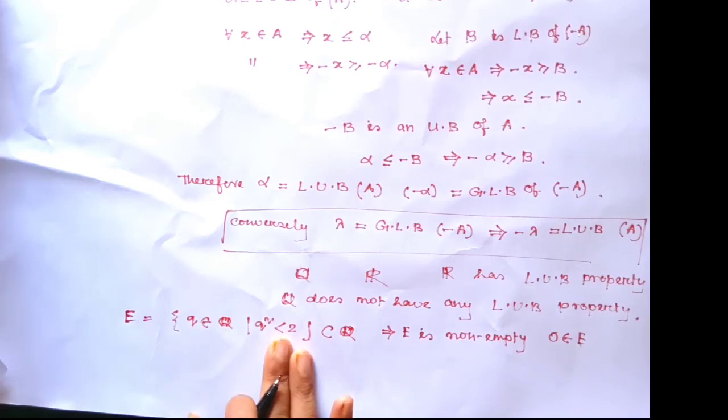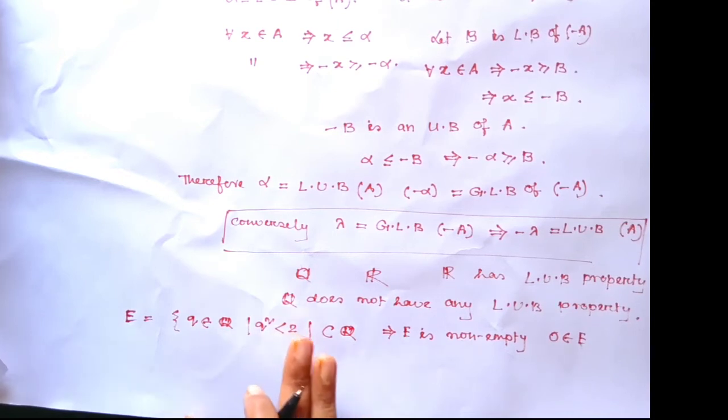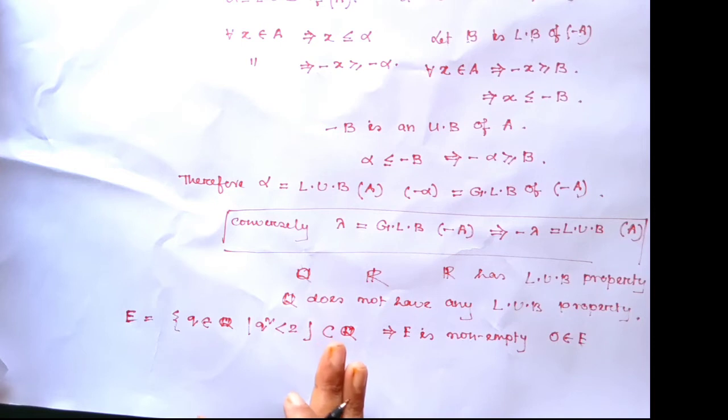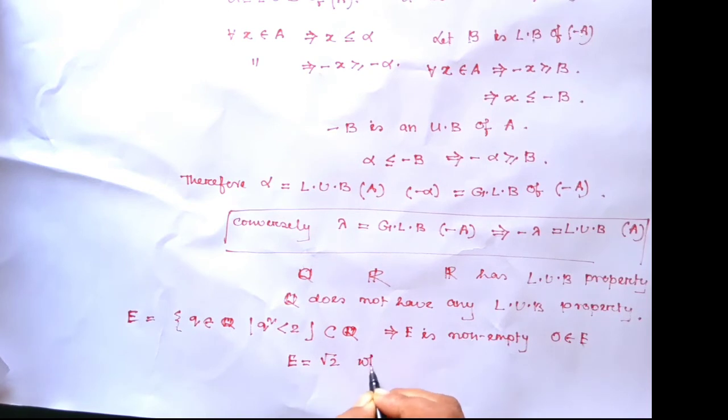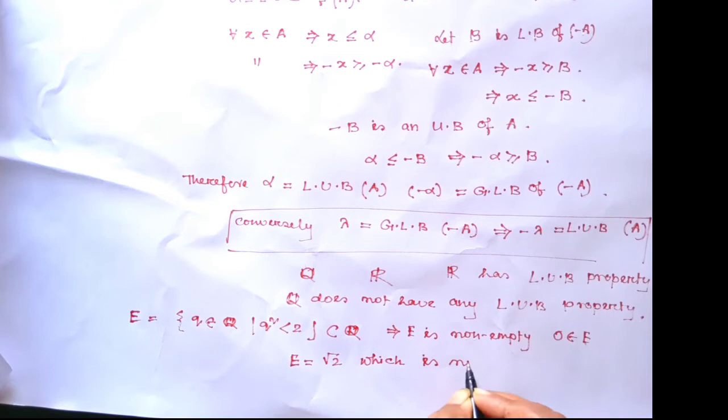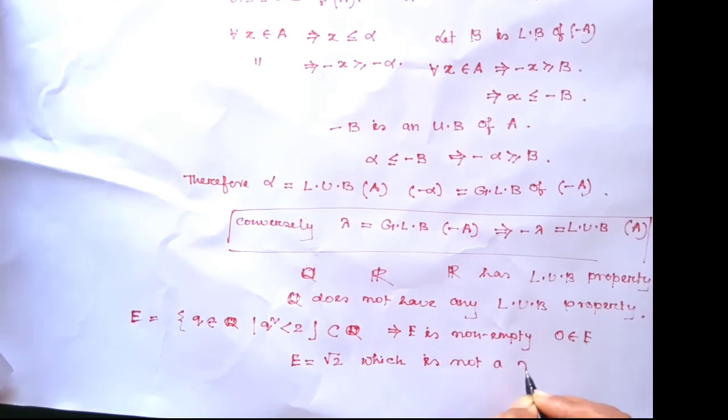If Q had the least upper bound axiom, then the supremum of E would equal the square root of 2, which is not a rational number.